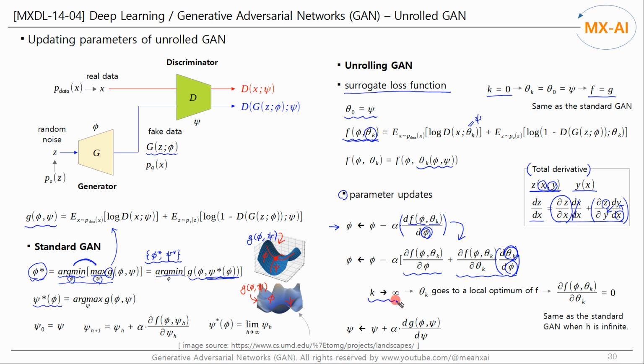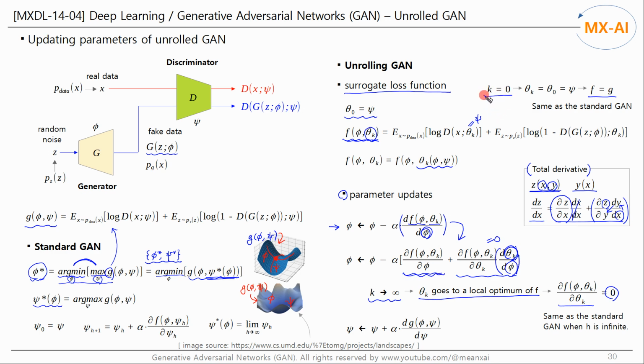As k becomes infinitely large, theta k goes to a local optimum of f, where the partial derivative of f with respect to theta k becomes 0. Therefore, the second term in this equation goes to 0. Then this becomes equivalent to a standard GAN with infinite k.